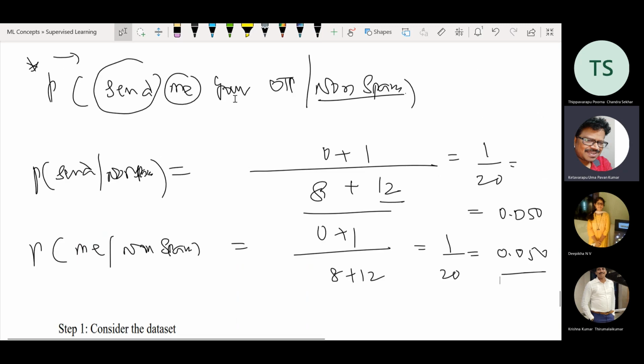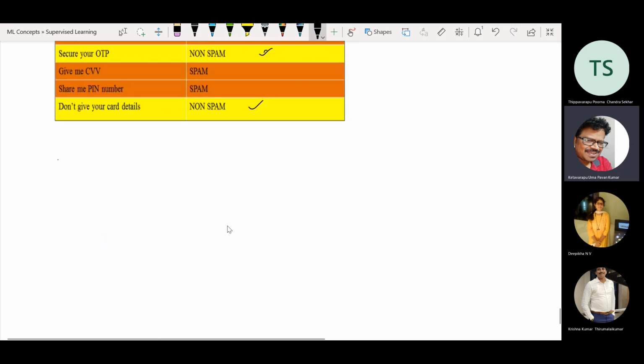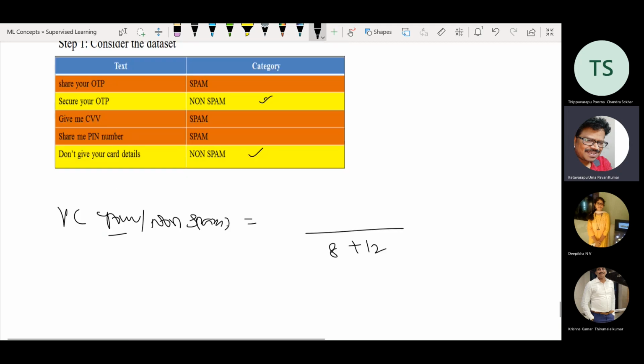Next, what should I see? Your. So for that, P of your given non-spam. However, this denominator remains the same: our distinct values and number of non-spam rows. For your, I have to verify. In the non-spam category, your occurred one time, two times, friends, if you observe. So 2 plus 1 by 20, so 3 by 20, which I computed is 0.150.